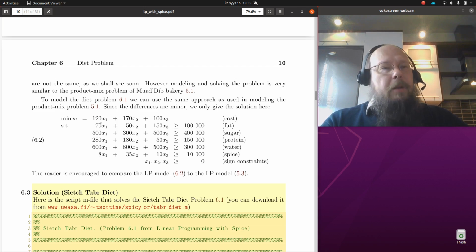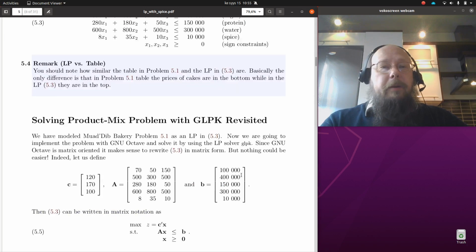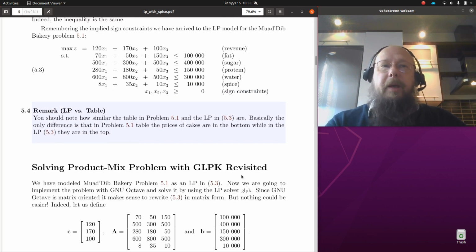Okay, so here we really have this LP model 6.2 for the problem 6.1. And you can click in the notes on page 5. I will not do it now. Well, why not? Here we have, if you recall, the more deep bakery LP.